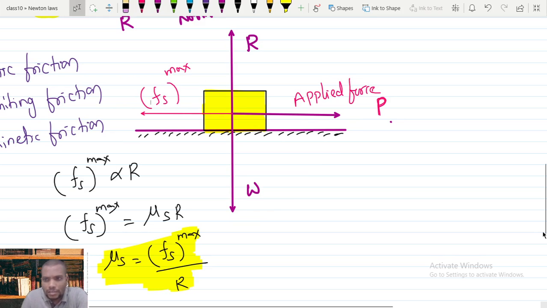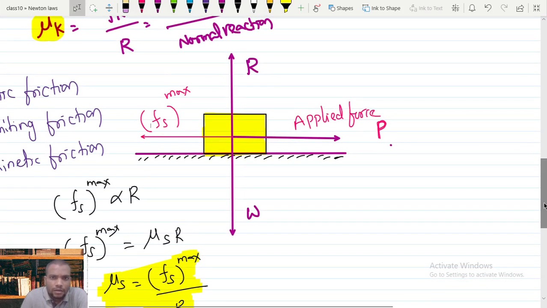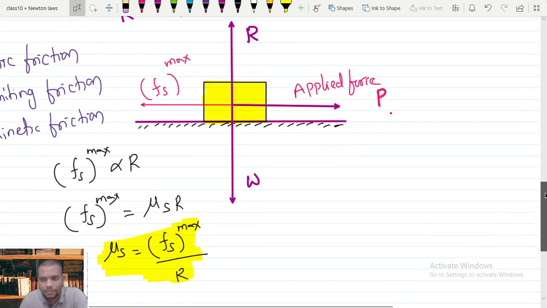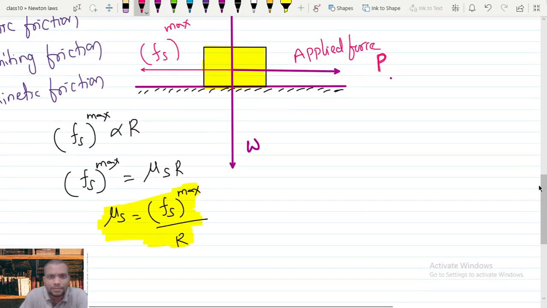Now these two forces, R and F suffix s max, are acting in this plane. Suppose you find the resultant of these two forces. I will draw the two forces separately.